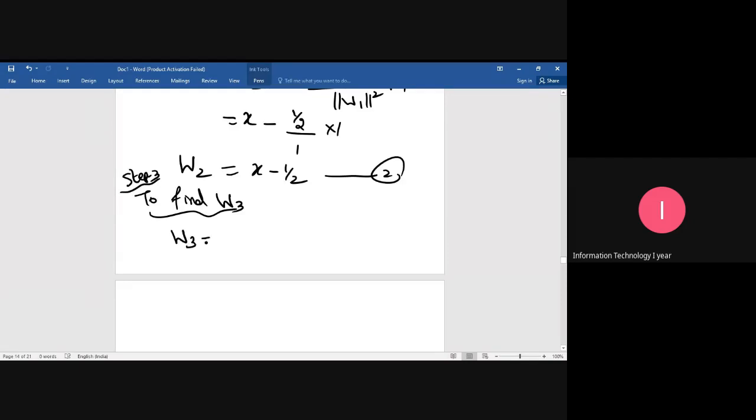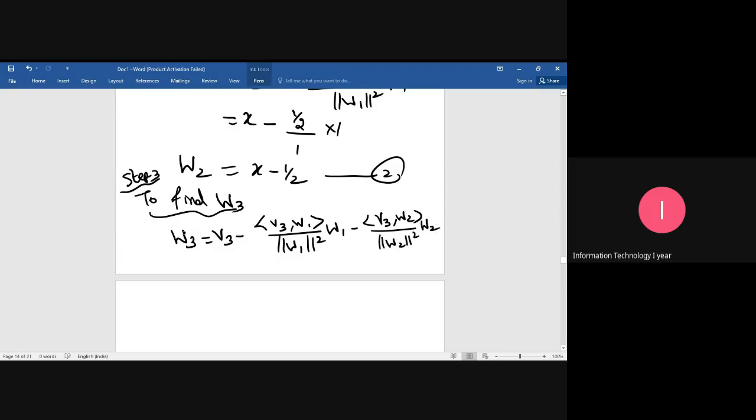Do you remember w3? The formula is just an extension. w3 is v3 minus the inner product of v3 comma w1 by norm w1 square into w1, minus the inner product of v3 comma w2 divided by norm w2 square into w2.